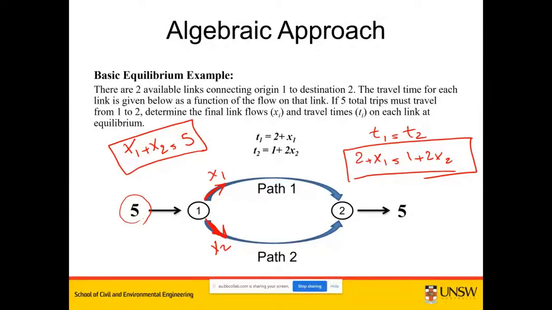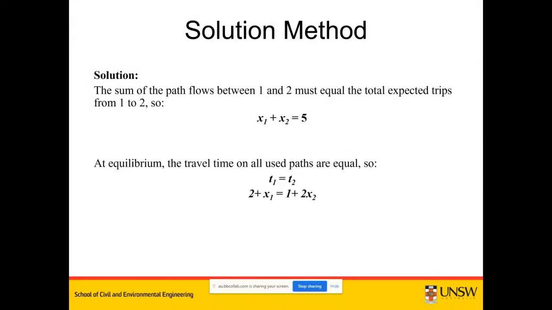Because nobody will disappear in the network. That is our demand conservation or flow conservation equation, where x1 plus x2 must be equal to 5, the demand. And having those two equations is enough to actually solve for equilibrium, because we have 2 unknowns, x1 and x2, and I need 2 equations, 2 unknowns to actually solve it, right? So that's very easy.